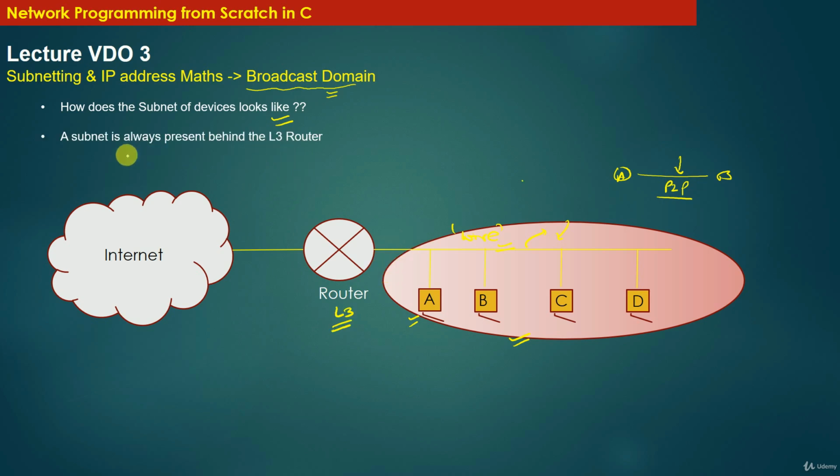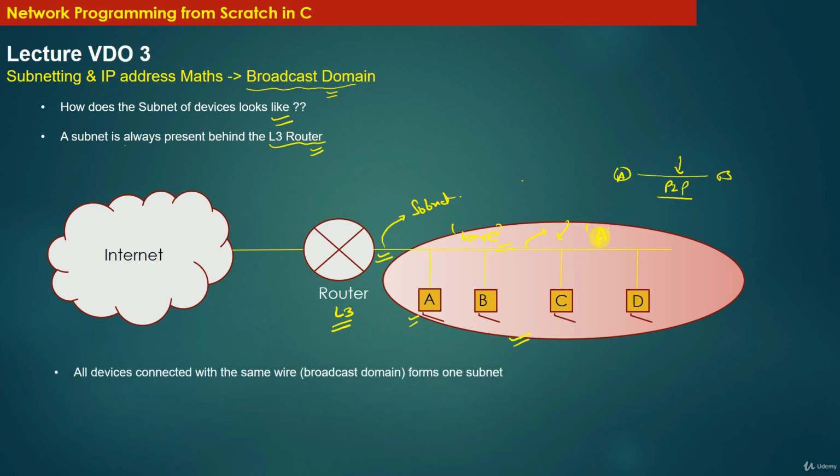The second point says a subnet is always present behind the L3 router. The point to note here is that each interface of an L3 router represents a subnet. You can see that this interface of an L3 router represents a subnet.